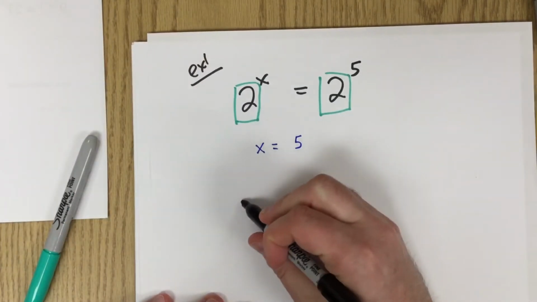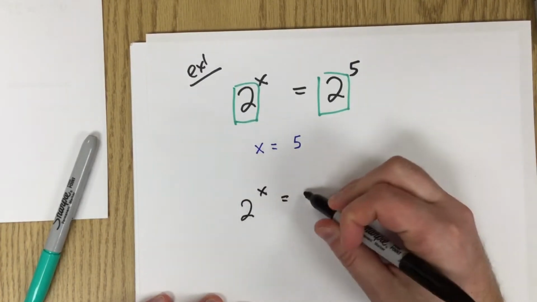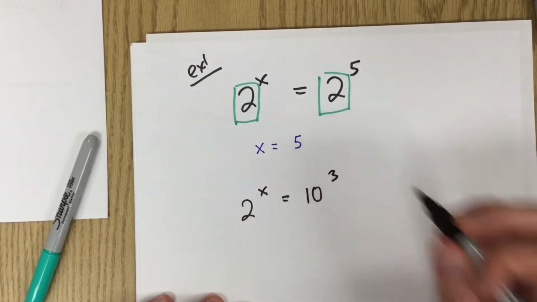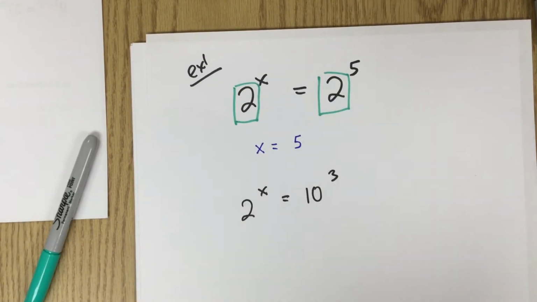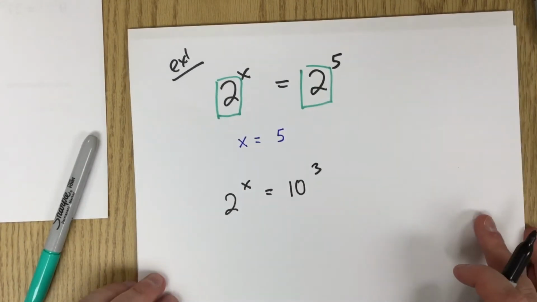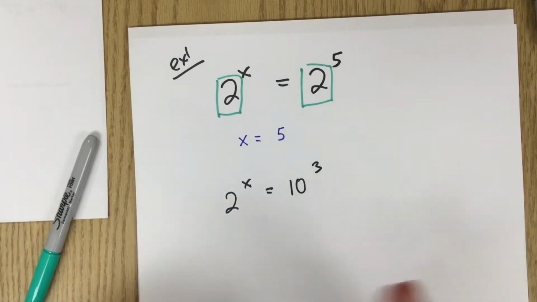Now, just quickly go back over there. If we had something like 2 to the x equals 10 to the 3, the bases are not equal, and we're actually stuck. We're not going to be able to solve this at all.